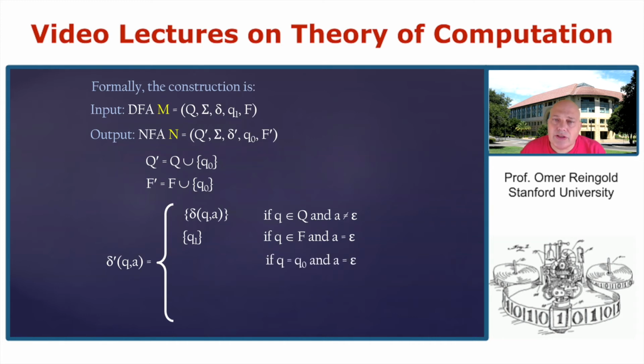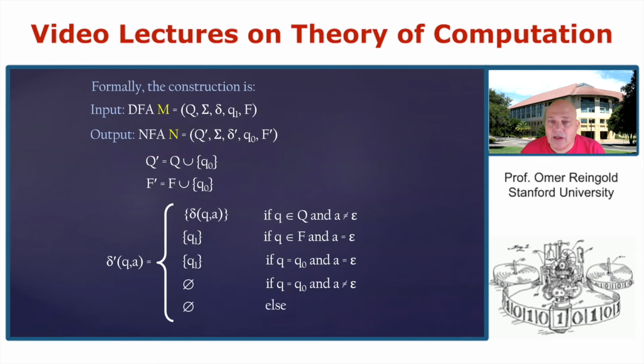If Q is this new start vertex, then the only transition we allowed is the empty transition, which will take us to the start vertex of the original DFA. If Q is the new start vertex and A is anything else, then we have no transition defined.